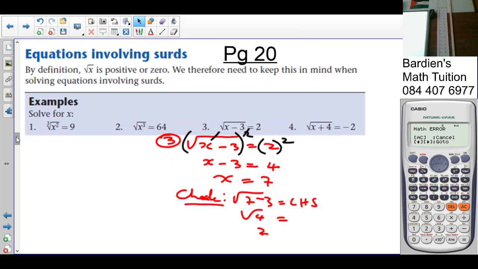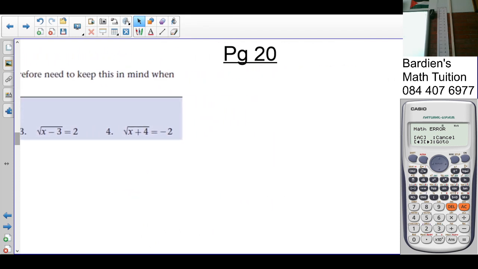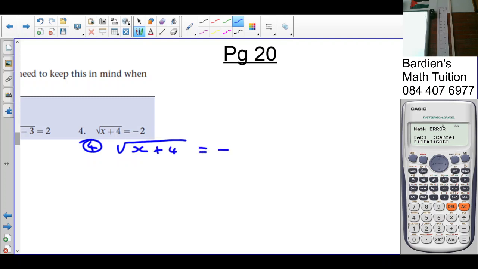Let's look at number 4, which at this point you have also completed. So you got the square root of x plus 4 equals negative 2. Can this be solved? Actually we can't, but let's act like we don't know. Let's say we act dumb. You're not dumb. So how are we going to solve the sum? We're going to square both sides.